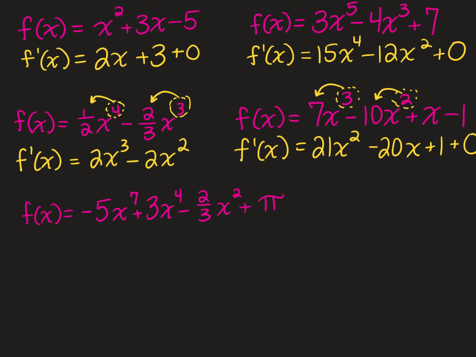Negative 35x to the 6th plus 12x to the 3rd minus 4/3 x. Yeah, I tried to trick you on that one.